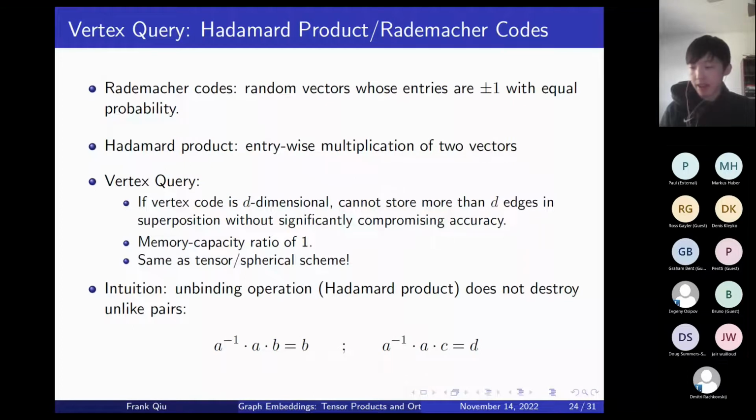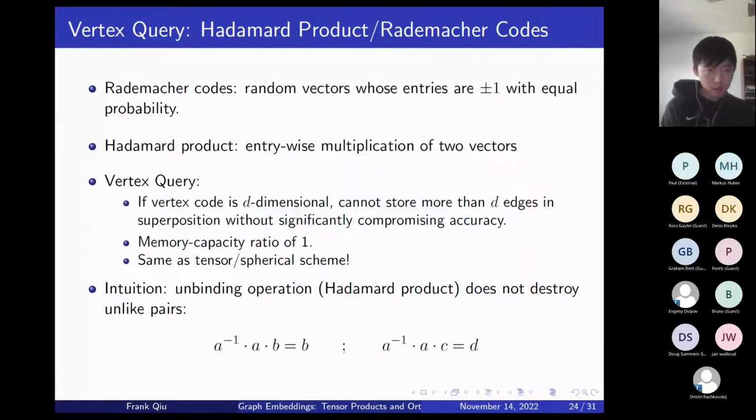Now let's look at a popular alternative binding scheme, the Hadamard product with Rademacher codes. Rademacher codes are just random binary codes. Hadamard product is just entry-wise multiplication of two vectors. So this is a dimension-preserving operation, and it seems to be quite popular from the VSA papers I've read through.